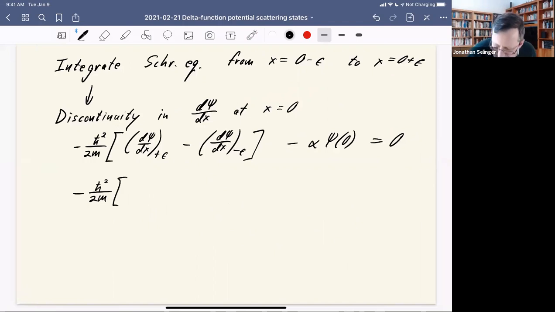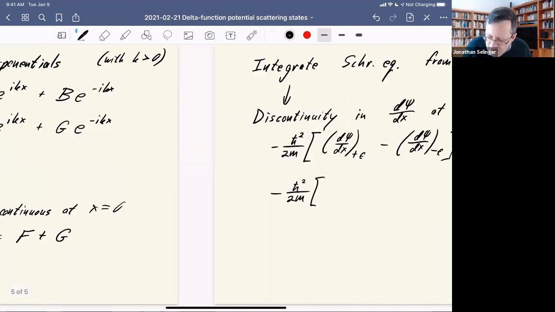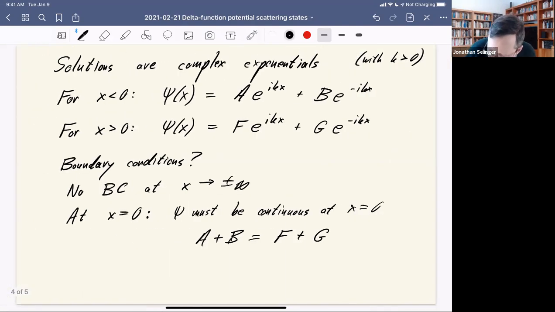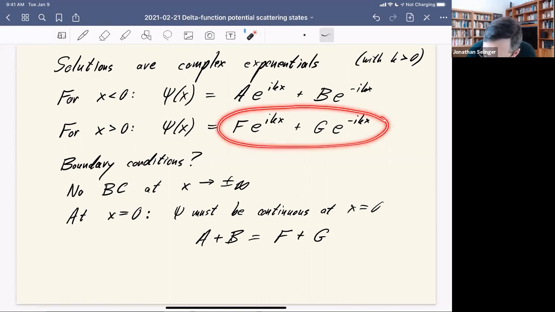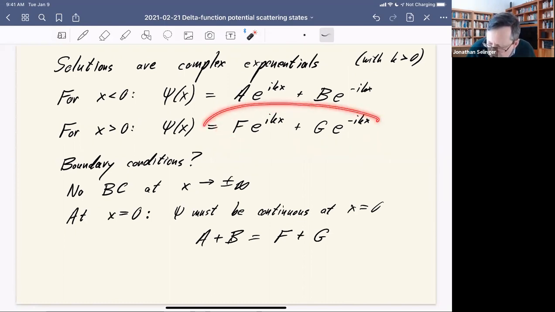Okay, so now we want to know what's the first derivative of psi with respect to x on the positive side. On the positive side, we've got this equation. So I'm going to differentiate this with respect to x. That brings down a factor of ik in the first term, and a factor of negative ik on the second term.